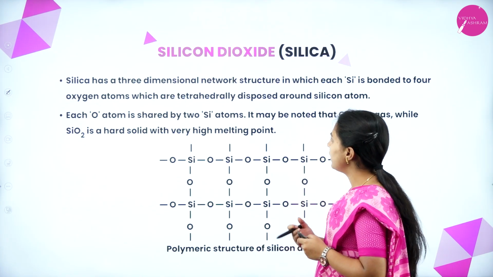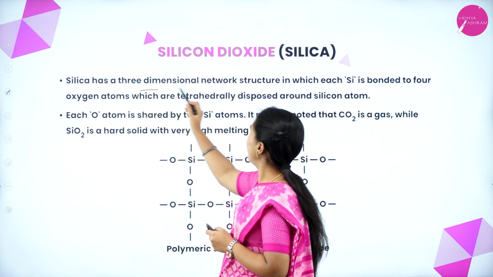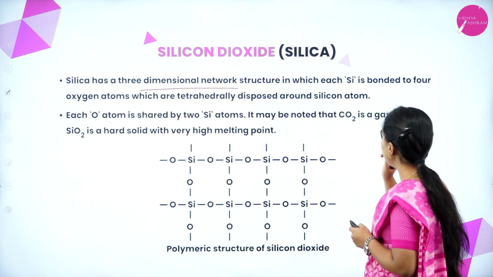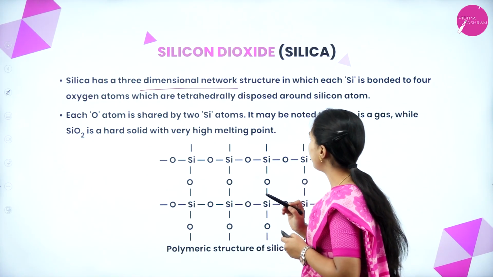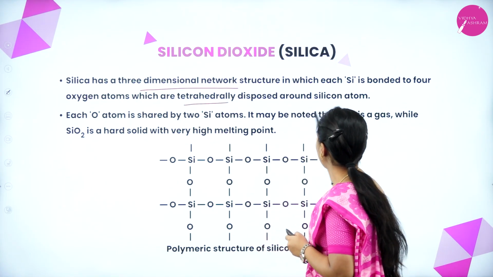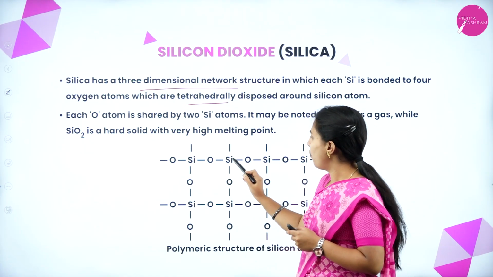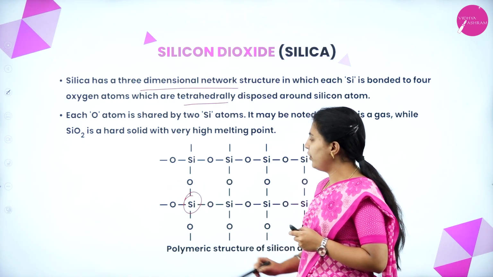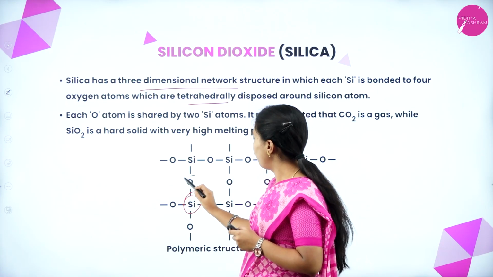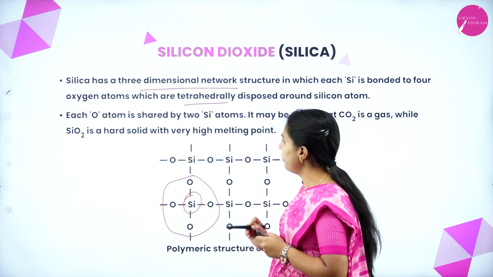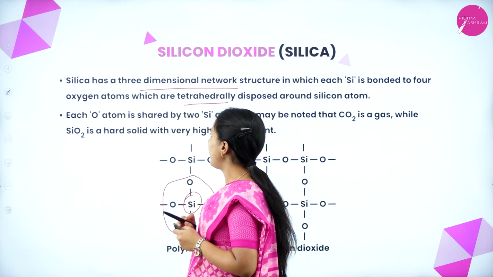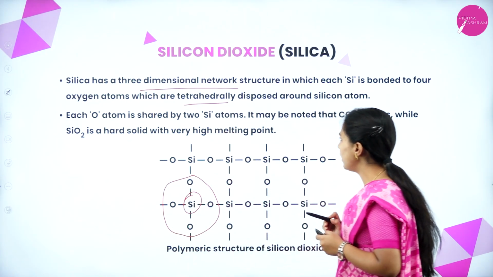Silica has a 3-dimensional network structure in which each silicon is bonded to 4 oxygen atoms tetrahedrally disposed around the silicon atom. See here, one silicon is attached to 4 oxygen, forming a tetrahedron. Each oxygen atom is shared by 2 silicon atoms.